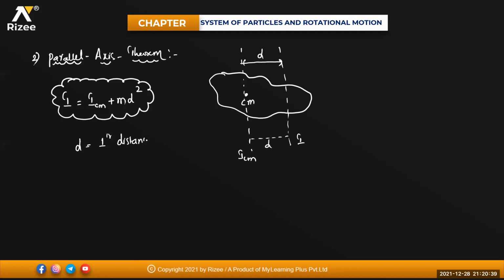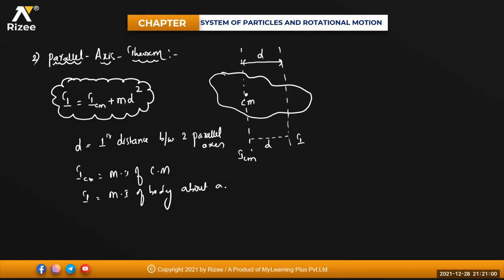ICM is your moment of inertia about the center of mass. I is your moment of inertia of your body about a parallel axis. And M is your total mass.